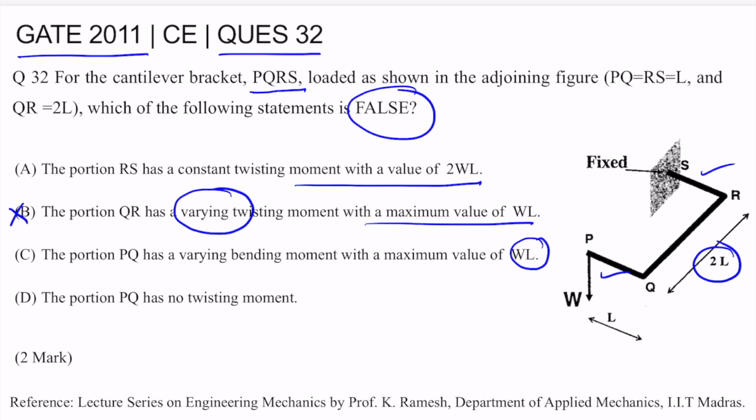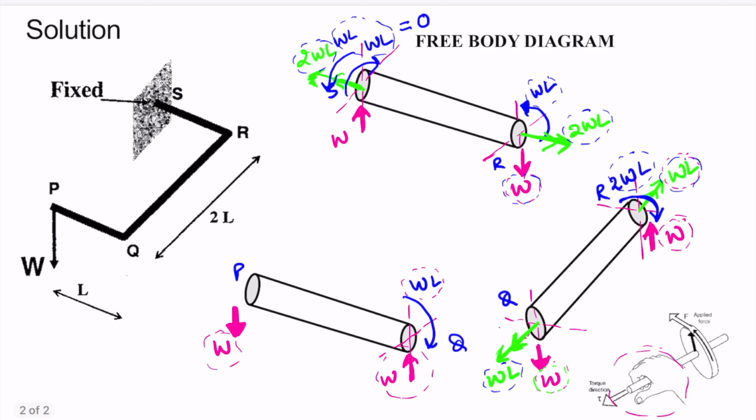Let's see the third option as well. The portion PQ has a varying bending moment with a maximum value of WL. It is correct that the portion PQ has a varying bending moment because it is 0 at end P and it is maximum at Q. So it is a varying bending moment with maximum value WL.